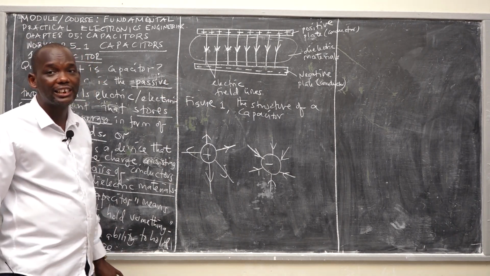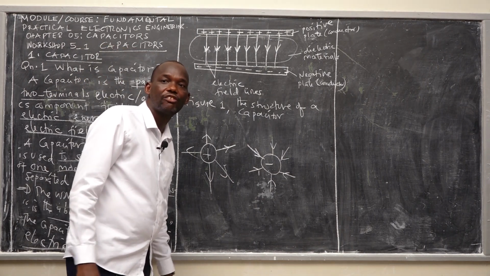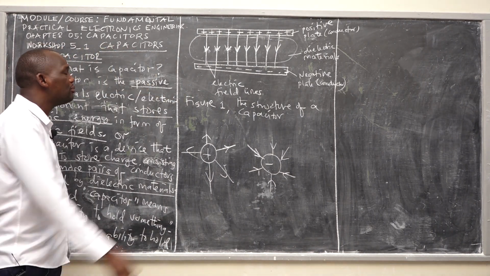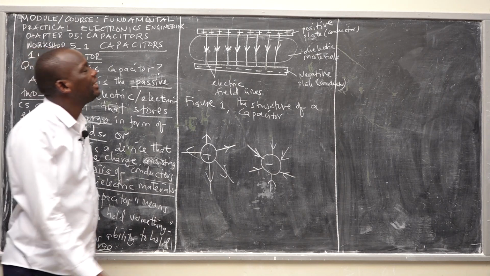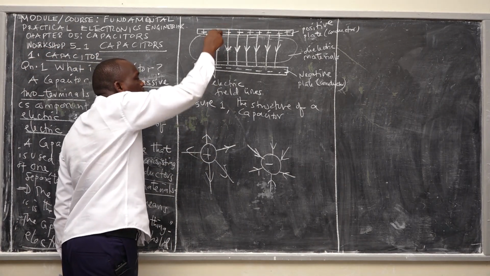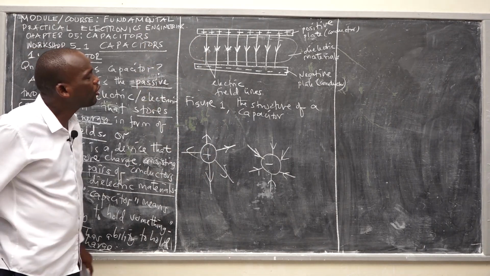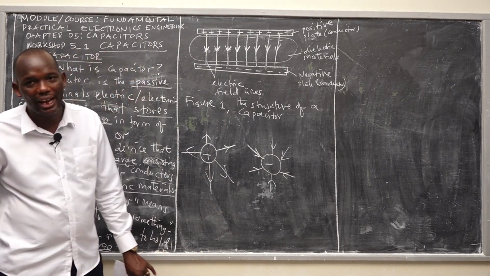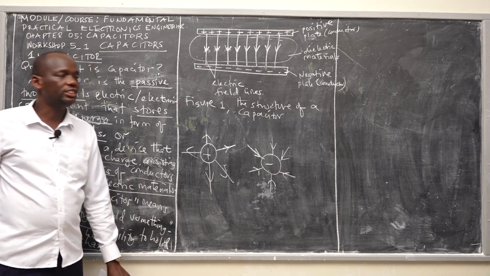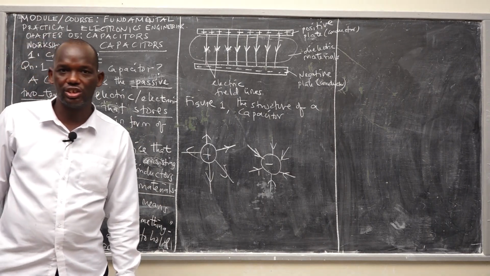Within it we have cations and anions. When the positive plate and negative plate are connected to a source of DC power, this is a polarized capacitor, and we find that it can hold the electric charge.